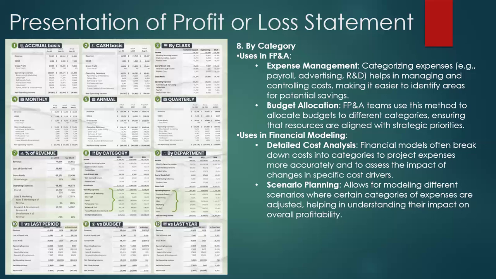Uses in financial modeling: you use category-wise financial decisions, a category-wise profit and loss statement for detailed cost analysis. Financial models often break down the cost into categories to project expenses more accurately and assess the impact of changes in specific cost drivers. Yes, each cost driver can be expensed out, can be detailed out category-wise, and can give you informed decisions.